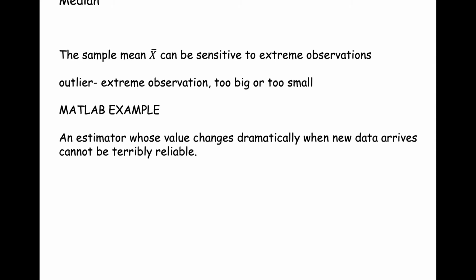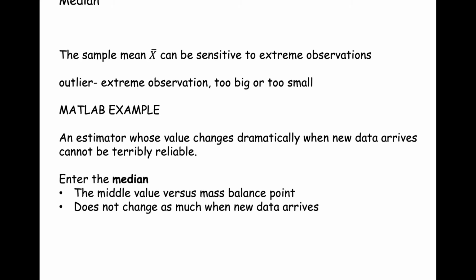You can't rely on that because it's always jumping around, and you get the wrong idea about the central tendency of your set of samples, and therefore this estimator for your population will be wildly incorrect. So the median was created to alleviate or fix this problem.